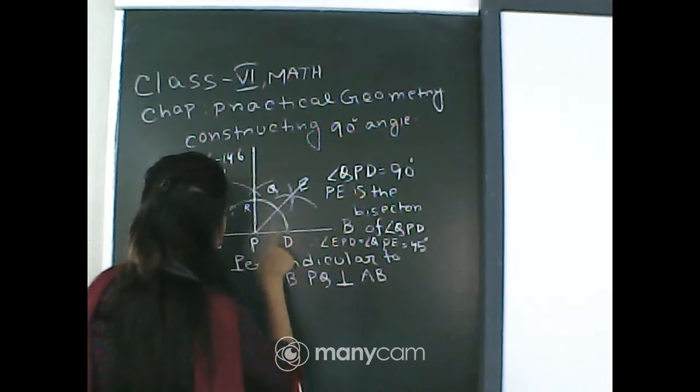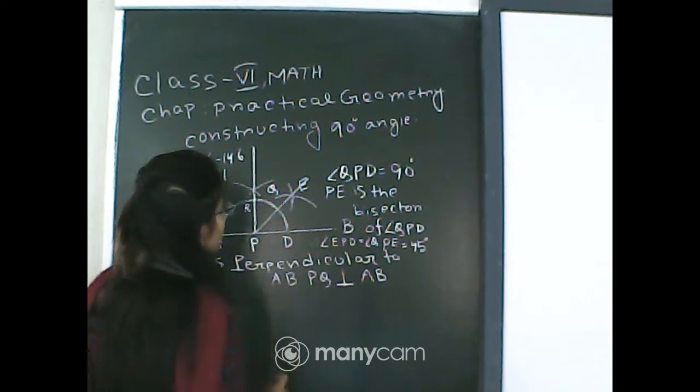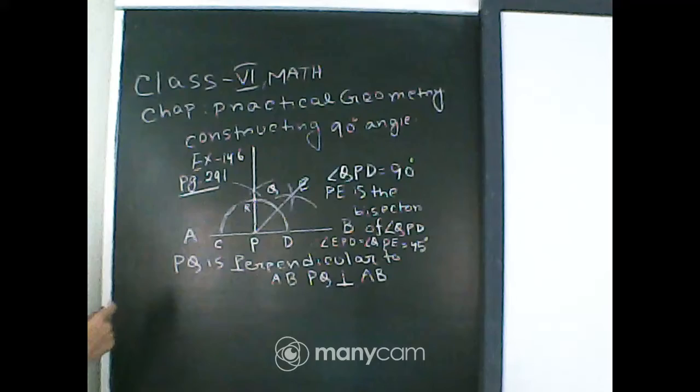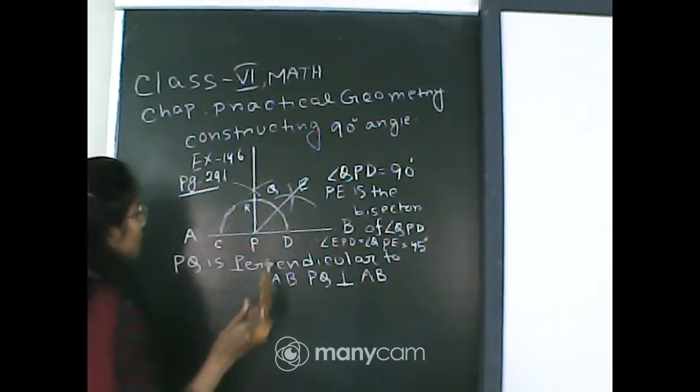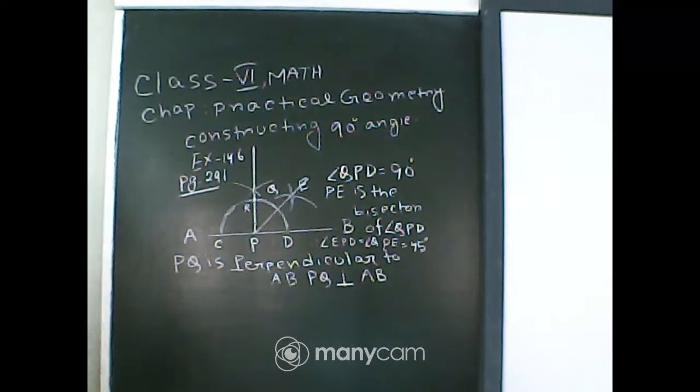Angle EPD is equal to angle QPE is equal to 45 degree. Again I repeat the process. First we draw angle 90 degree, then place the pointer, then we bisect it.